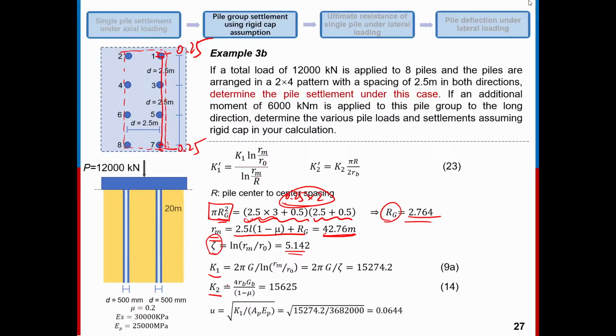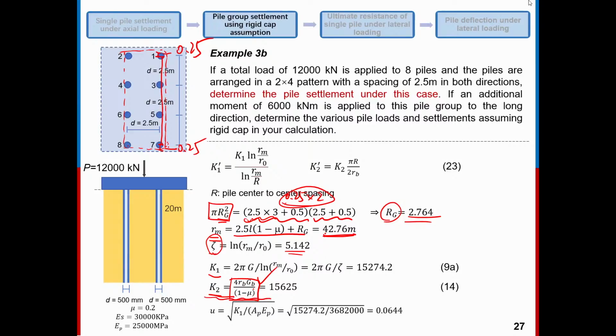And as I mentioned to you in the lecture, this K2 equation actually is obtained from the mechanics of plasticity, okay? So this is a theoretical result equation.